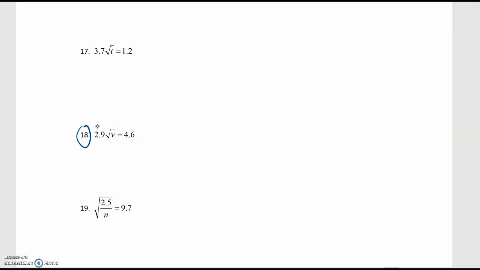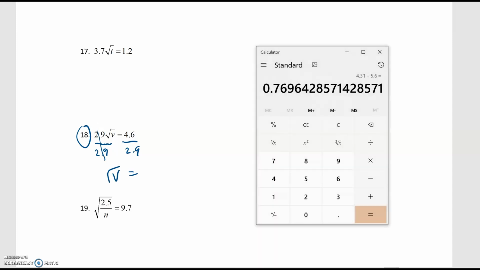The outer layer is 2.9, so you've got to get rid of that first before you can deal with the square root. So divide both sides by 2.9 first, and then the 2.9s will cancel, and you have the square root of v is equal to whatever 4.6 divided by 2.9 is. So let's get out the calculator.